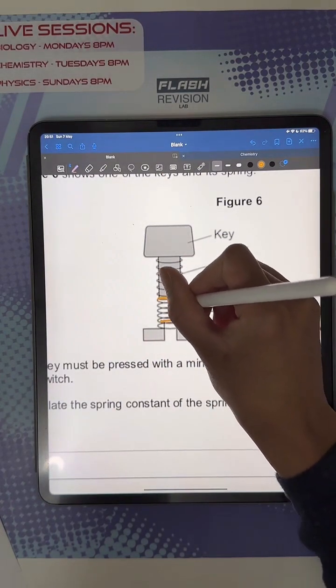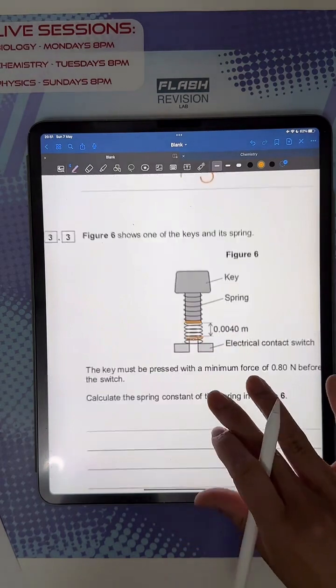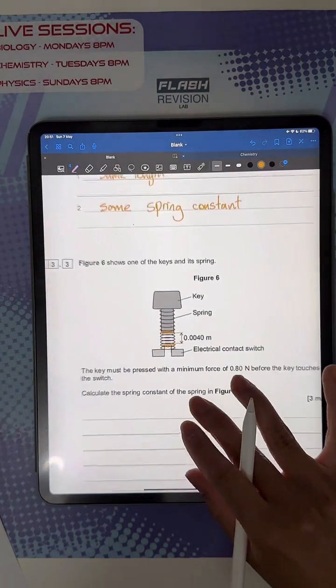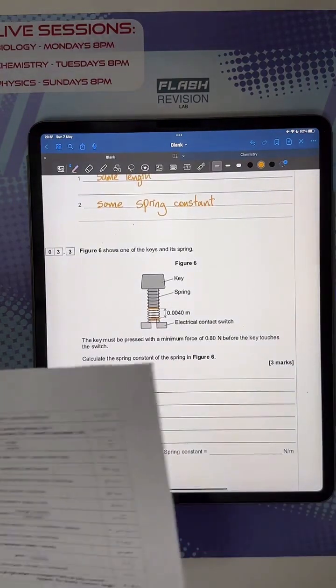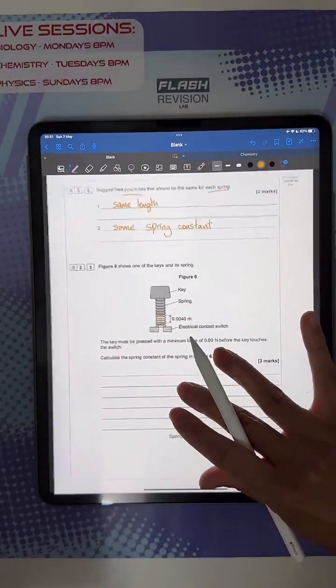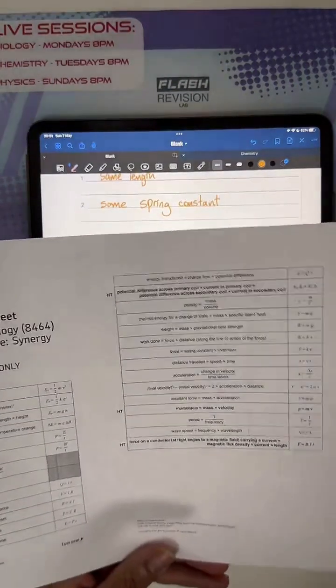So this needs to touch that in order for the key to register. That's the distance it needs to move. Calculate the spring constant. So here, what equation am I going to use? This is a more recent paper, I think. I forgot the year. I think it's maybe 2020.